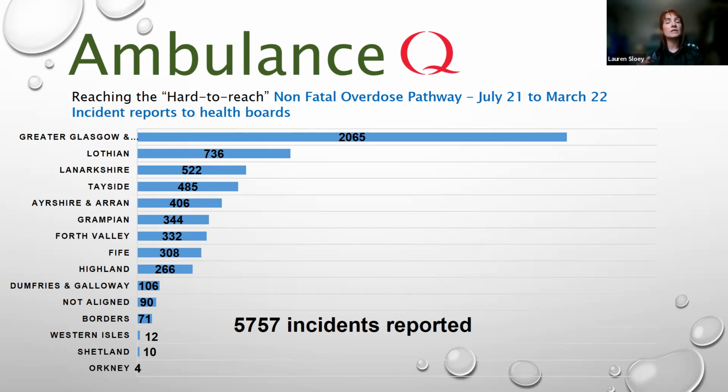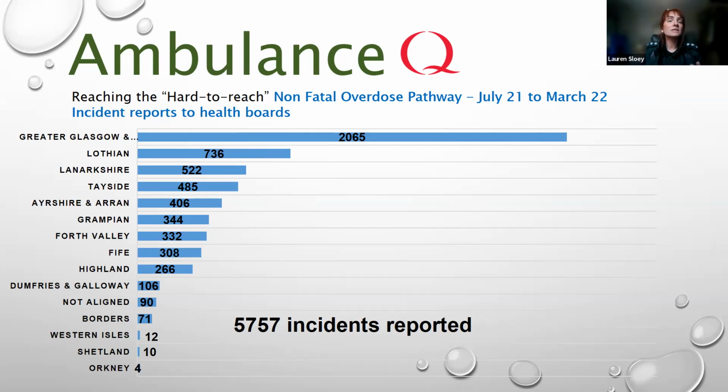So the graph on your screen represents the figures of referrals that have been achieved by the National Overdose Response Pathway that's been developed in partnership with health boards. And we're now able to communicate every single incident of overdose, as I say, initiating that chain of response that takes the care to the patient where they are comfortable engaging with us.